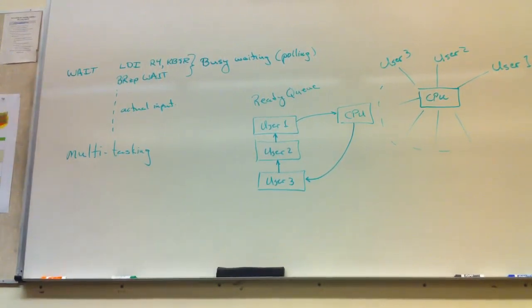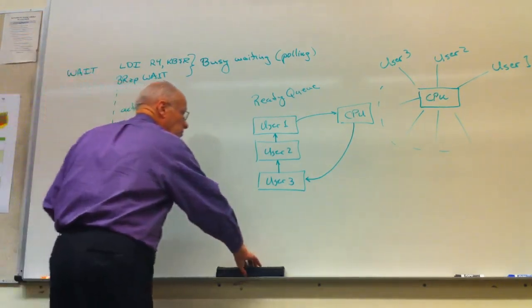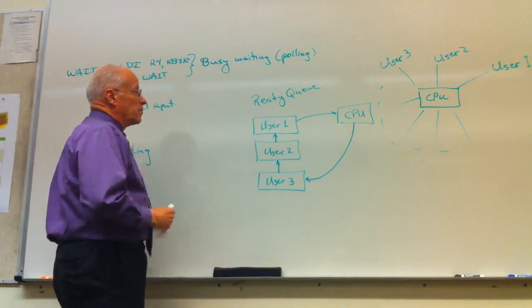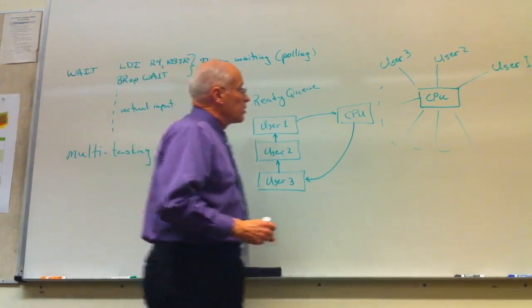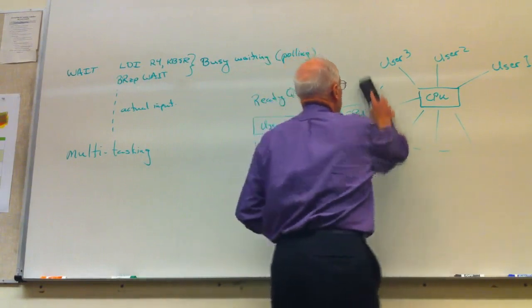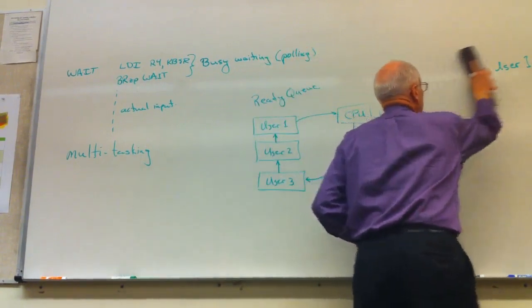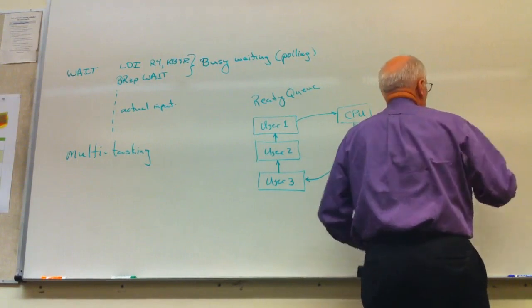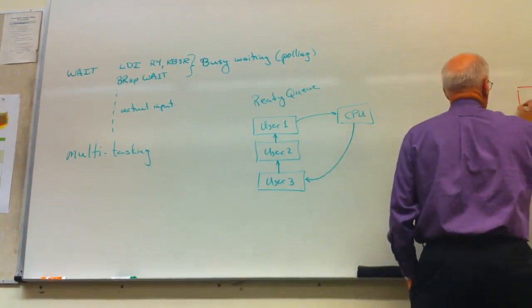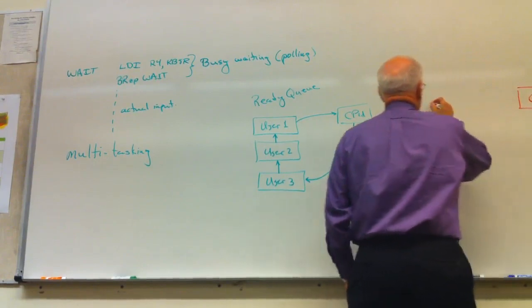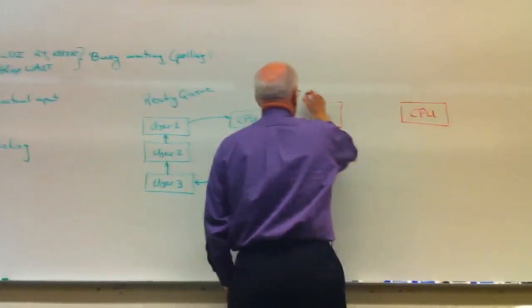Now, the thing that we use on systems other than this LC3, the LC3 system doesn't do this, but I'll show you how the thing works. We alter this system in this way. We have our CPU over here, of course, and then we have our ready queue.